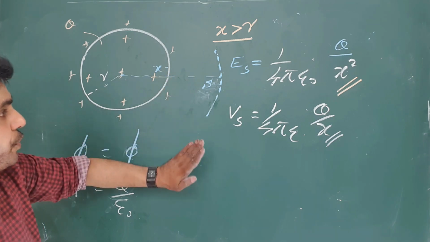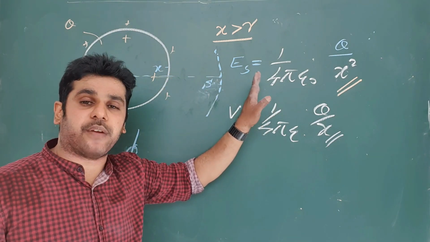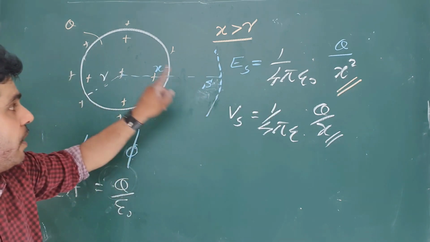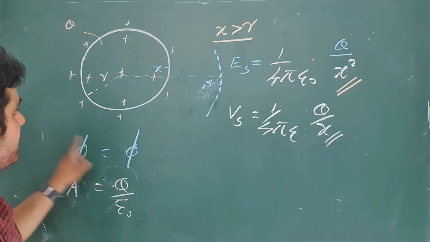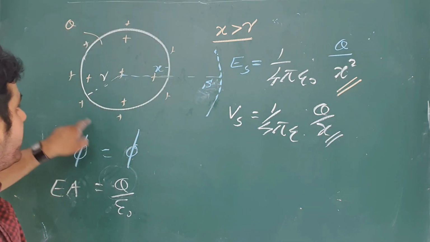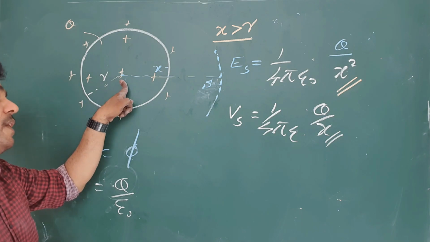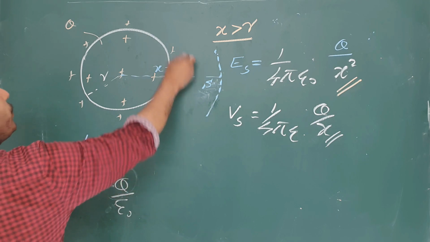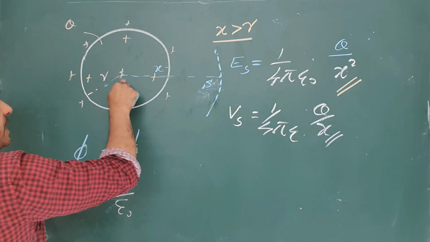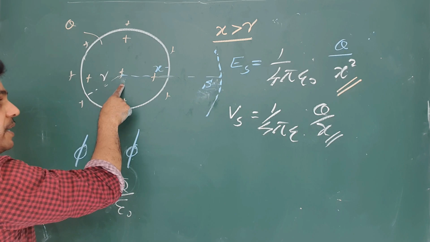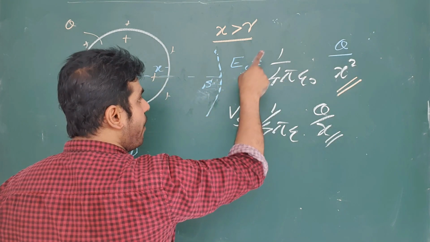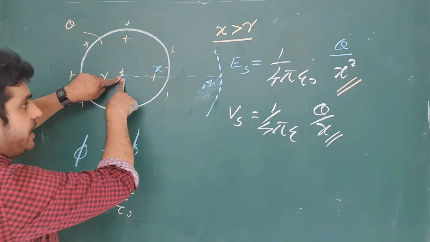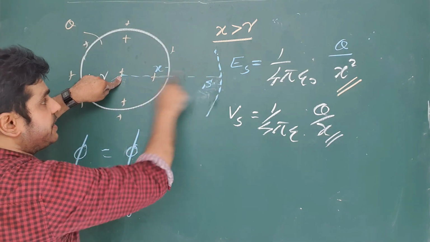When we do the calculations outside the dielectric sphere, you had better assume all the charge is concentrated at the center, and take that charge as a point charge. Keep the whole charge at the center like a point charge, then write the electric field intensity at your necessary distance x.